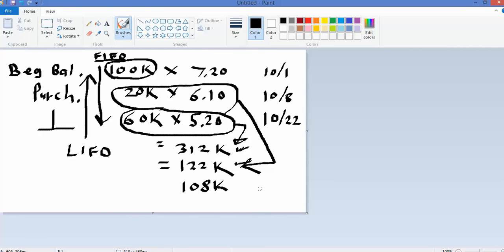We need another 15, so this is 15,000 times the 7.20 here. Okay, that gives us total cost of goods sold under LIFO. We consumed this fully, we consumed this fully, and we consumed 15,000 units of this at 7.20. So now we simply take the 108,000 plus the 122 plus the 312, and that gives us 542.